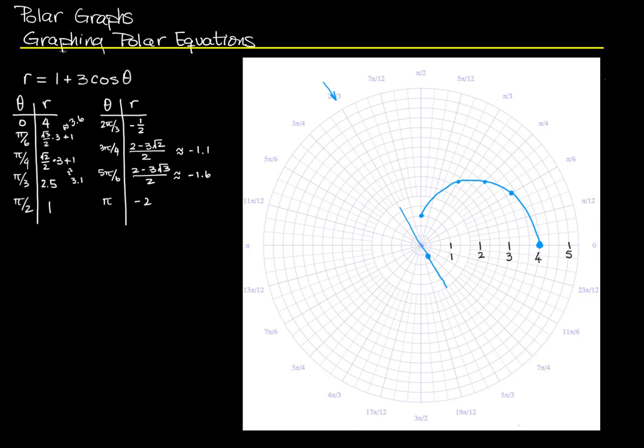That's not quite right. Let me see if I can fix that. That's better. Now I'm going to erase the line. And let's go over again just how I got that point. I went around to the angle 2 pi over 3, and then I went backwards 1/2. So I went around to the line 2 pi over 3. That's this line right here. I want my point to be on that line.